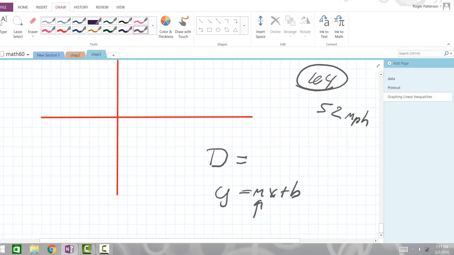M is the slope. Remember we talked about how that's a rate. There's your rate. So it'd be 52x plus 104. But since I'm not going away, in other words, I'm not adding miles, I'm subtracting, that's got to be a negative. Does that make sense?